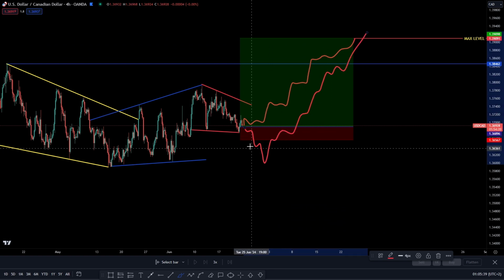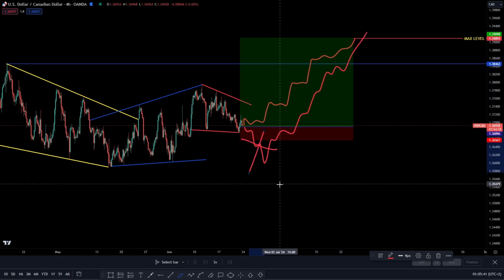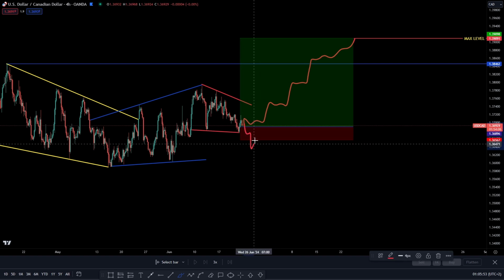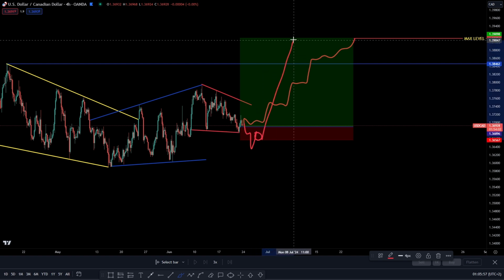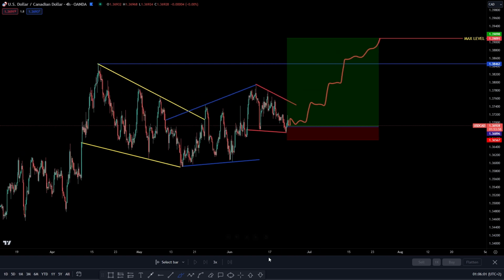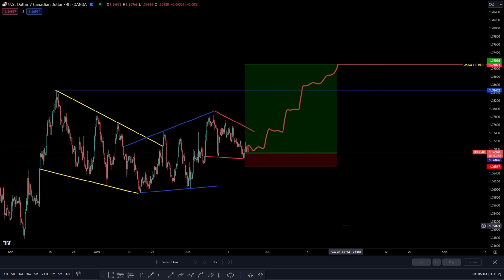It's possible, but it's not really something that's threatening me to not execute, right? Worst case scenario, if I take a trade, it's possible I may get tagged out once more before I get my second entry, and then the market goes. But nonetheless, I'm looking for buys on USD CAD.